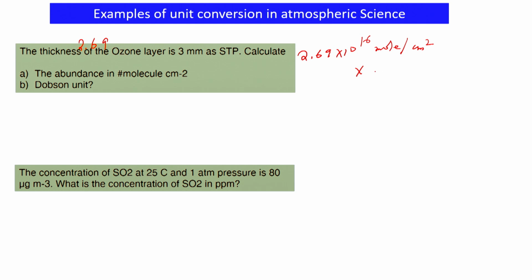By the 3 millimeter thickness. So 1 millimeter is 10 to the power minus 6, so you have to multiply by 0.3 again. So you have to multiply by 0.3, and you can do the calculations. It will be 7.9 into... 0.697 something.